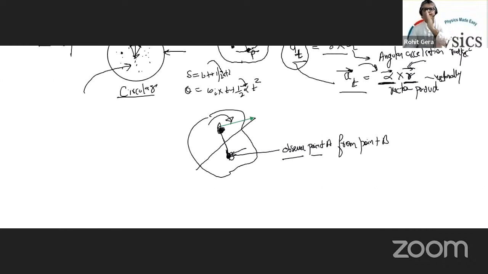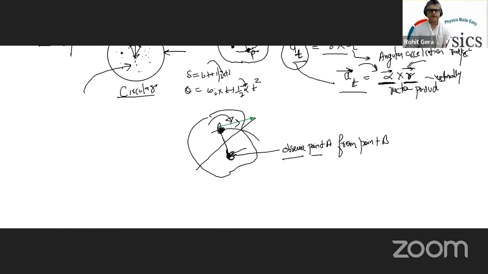Because it is a circle which it is traversing, at any point A has a velocity which is tangential to that circle. So the real circle will be, because you are fixed now, you are here, and A is moving in a circle.